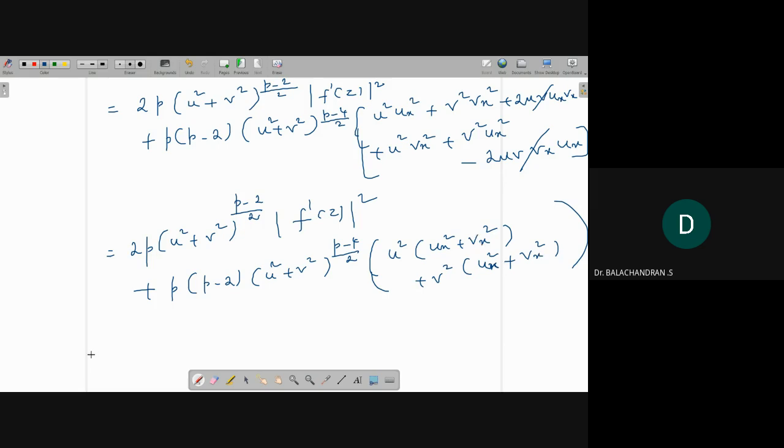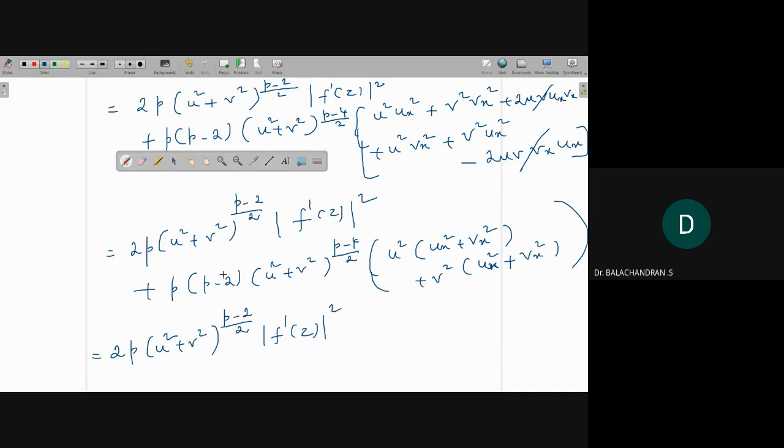So 2p(u² + v²)^((p−2)/2) |f'(z)|² plus p(p−2)(u² + v²)^((p−4)/2).